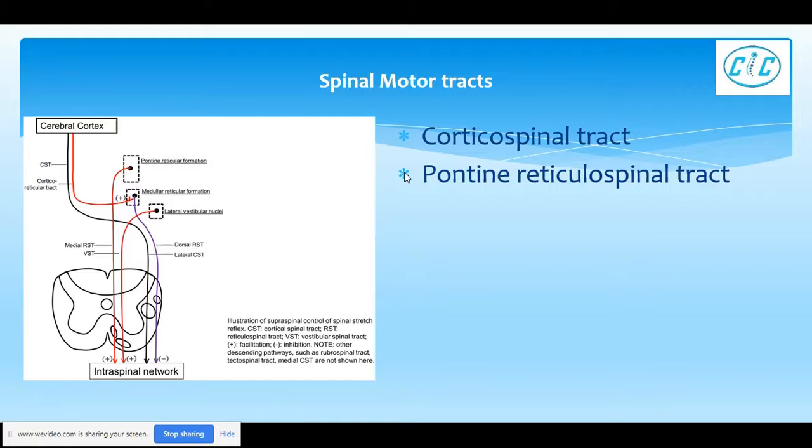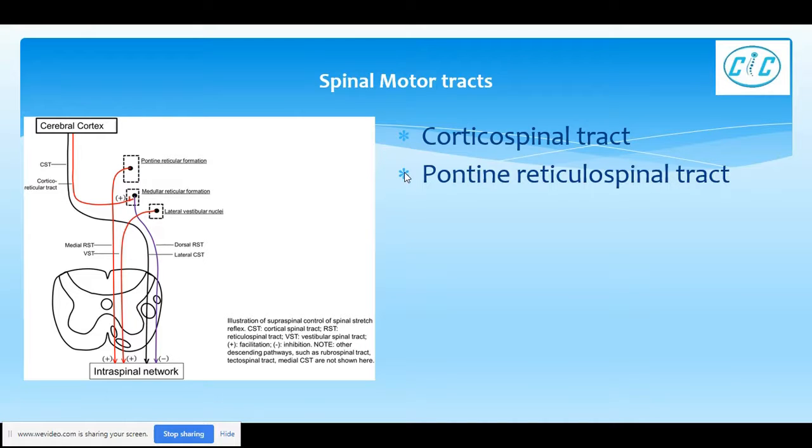The other tract is the pontine reticulospinal tract, which the name also suggests is coming from the pontine portion of the brainstem. And it is a reticular formation, which is, again, a very complex and primitive circuit that exists in the brainstem and goes more up to the diencephalon of the brain.